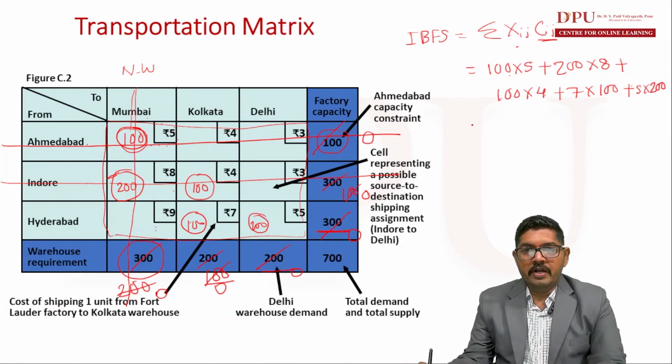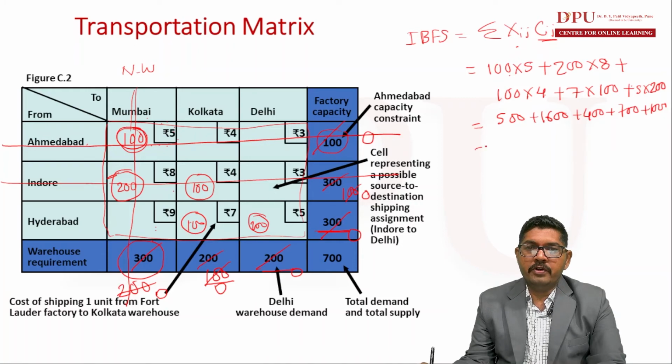When we calculate this, we get 500 plus 1600 plus 400 plus 700 plus 1000. So this is equal to 2100, 2500, 3200 and 4200. Let me check it, yes, it is 4200.